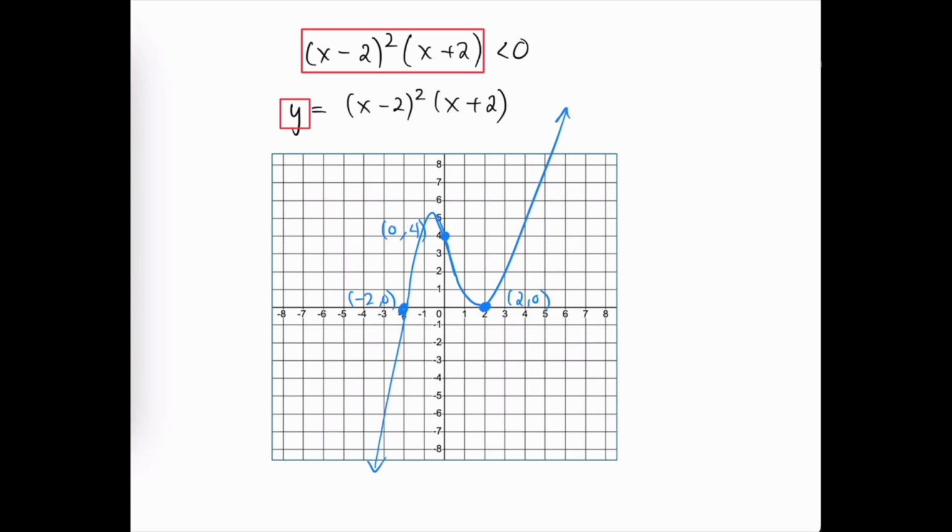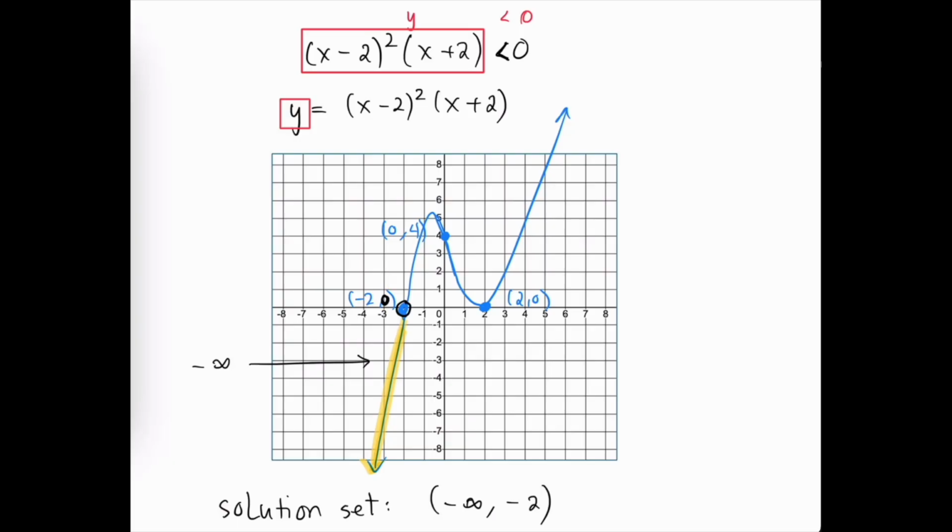And what we want to know is where those y value outputs are less than 0. The y values are less than 0 only down here in this region. So the solution set should be starting out at negative infinity, and all these x values generate negative y values up to the x value -2, but -2's y value is equal to 0, so we do not include -2 since we want the output to be strictly less than 0 but not equal to 0.